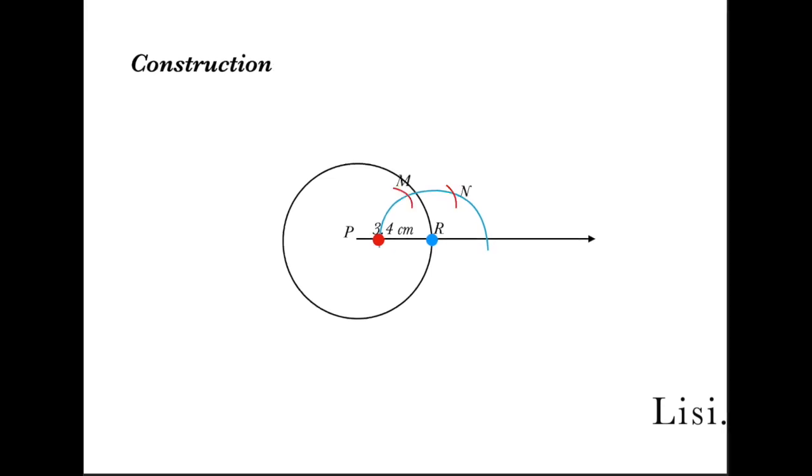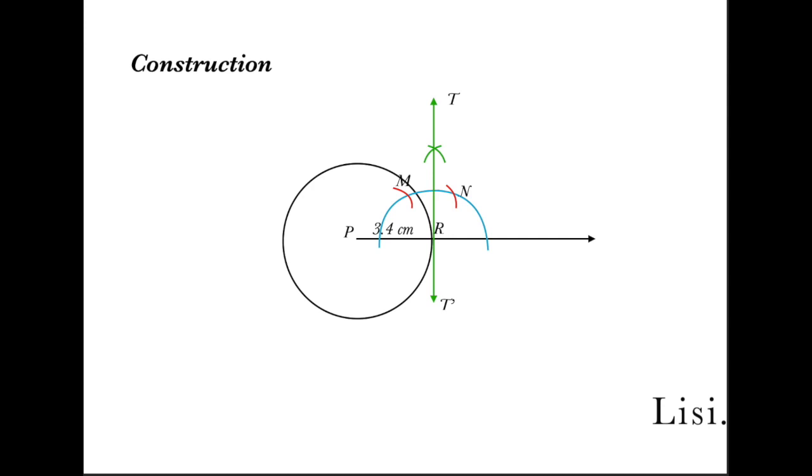Name it as M. From M with the same measurement, cut an arc and name it as N, and from M cut an arc above the previous arc, and then from N cut an arc. Now join this point with R, draw like this, extend it, name it as T, and now T dash is your tangent passing through the point R on the circumference of the circle.